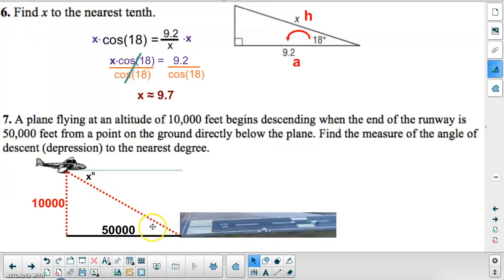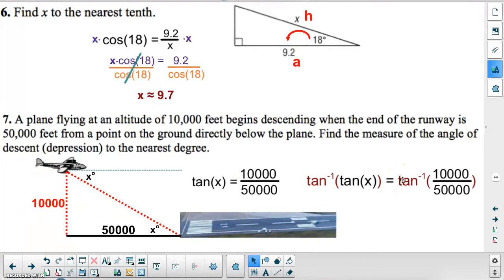Because the angle of elevation is also congruent to the angle of depression, we can solve for it inside this triangle. So we have opposite over adjacent, so we're going to be using tangent. So tan of x equals opposite over adjacent. To get x by itself, we have to undo that tangent function.